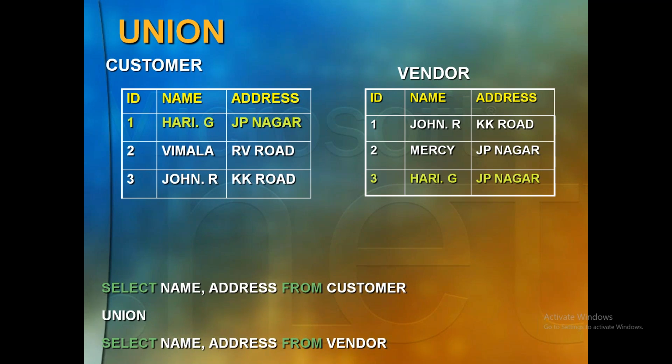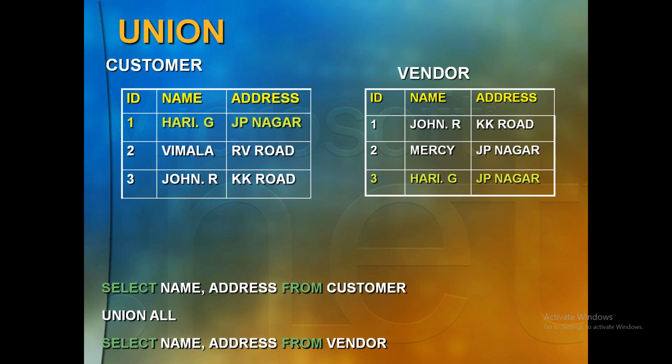So if you wanted to keep duplicates, we can go in for union all. Clear? So union is going to be sorting the data as well. Union all is not going to sort the data and is not going to remove any duplicates. So that is the difference between union and the union all transformation.